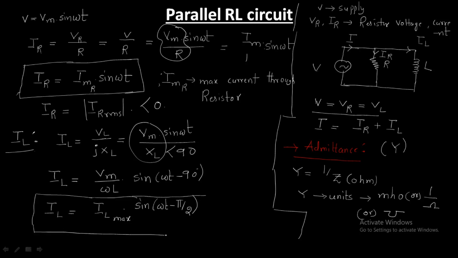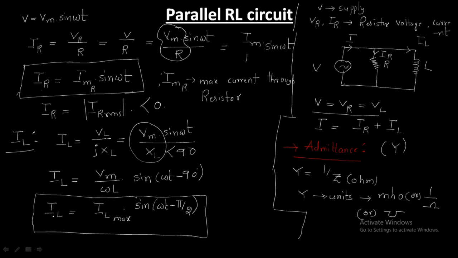So we are finding the current flowing through the resistor and the inductor. Current flowing through the resistor has no phase angle, because it is always in phase with the supply voltage.